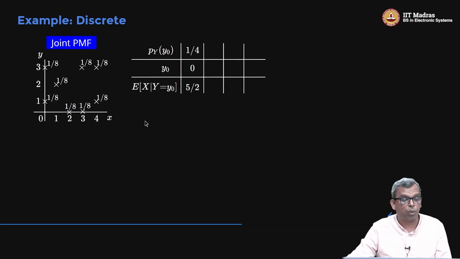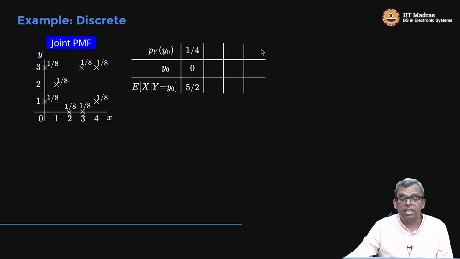Same example as before, okay? Now, I have y naught taking values 0, 1, 2, 3, and I have a probability for them. And I also have the expected value of X given Y equals y naught. If y naught is 0, I just told you it's 2.5, and the probability is 1 by 4.